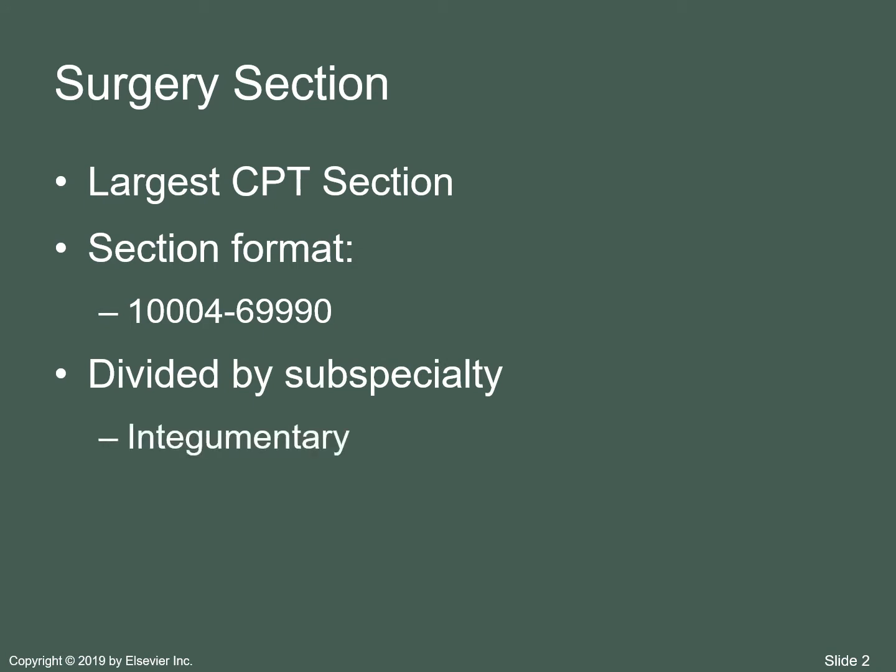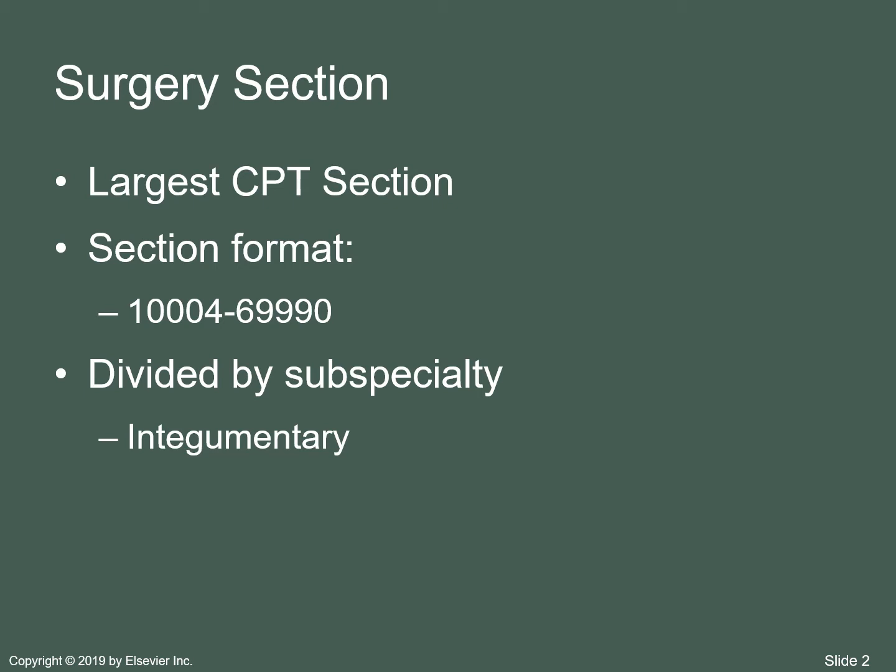Slide number 2, the surgical section. If you will pick up your CPT book, you will find that it is the largest section in the CPT. Now, the section format, the codes are from 10004 through 69990.